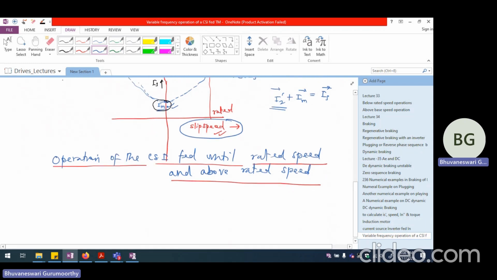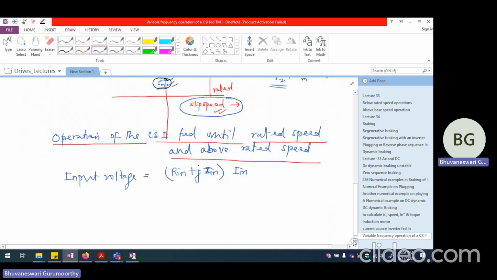input voltage, it is going to be equal to the input impedance of the induction motor multiplied by the current that is being pumped in. This is R in plus jX in, multiplied by the current being pumped into the induction motor.